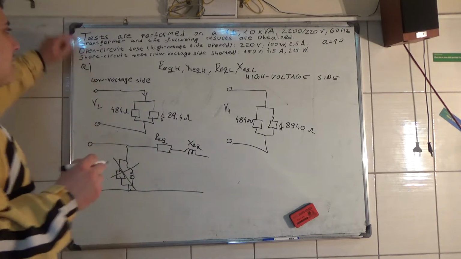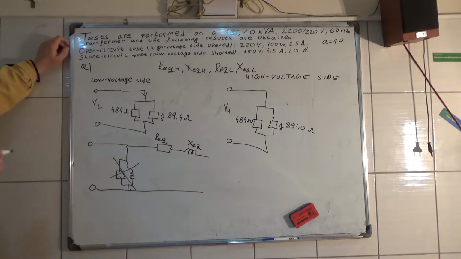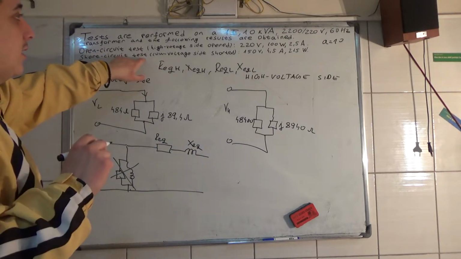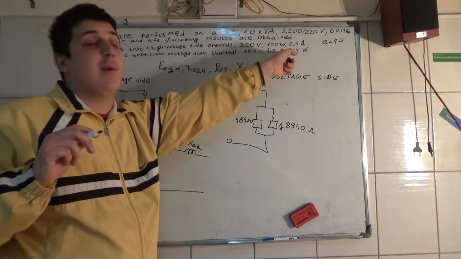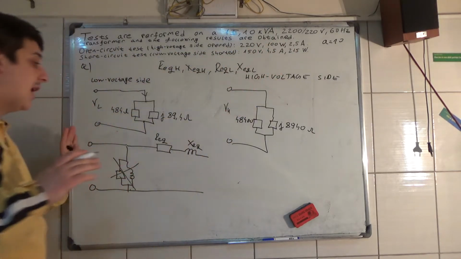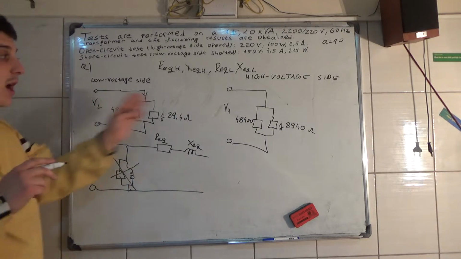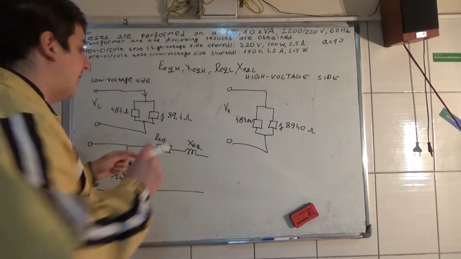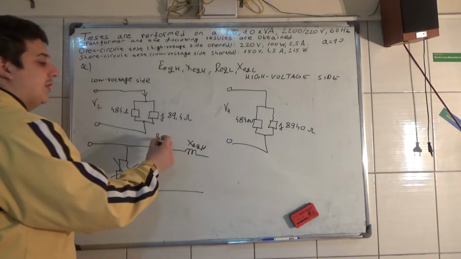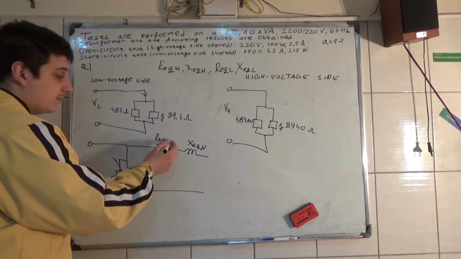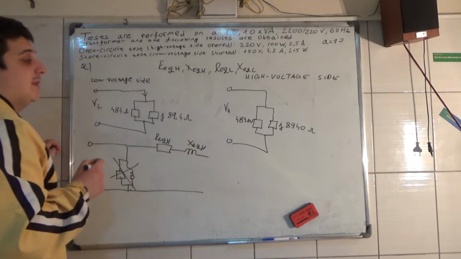So now we measured it in a short circuit test. These parameters are performed on the high voltage side. So now this is a primary, and we're going to first calculate the high voltage side parameters.